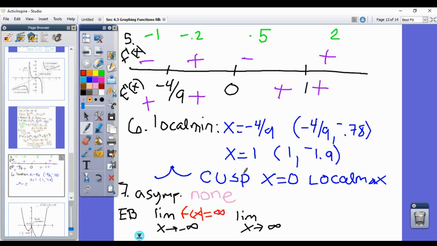All right, and then if we're looking here, after 1, it is increasing, and so as x goes to infinity, my function is still going to +infinity.